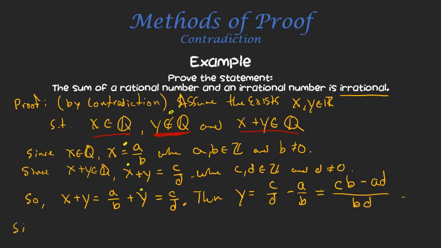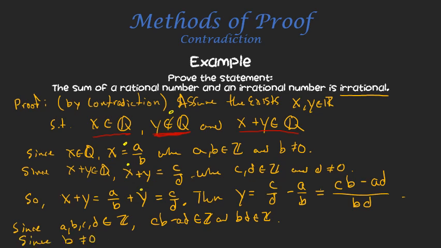So I'll write that at the bottom here. Since a, b, c, and d are integers, cb minus ad is an integer, and bd is an integer. And then finally, since b is not equal to 0 and d is not equal to 0, bd, their product, is not equal to 0.